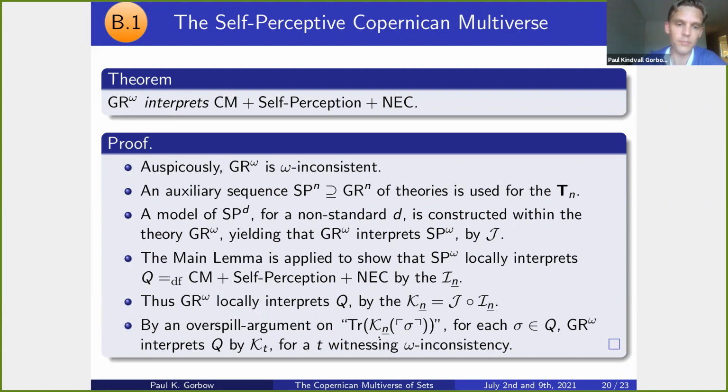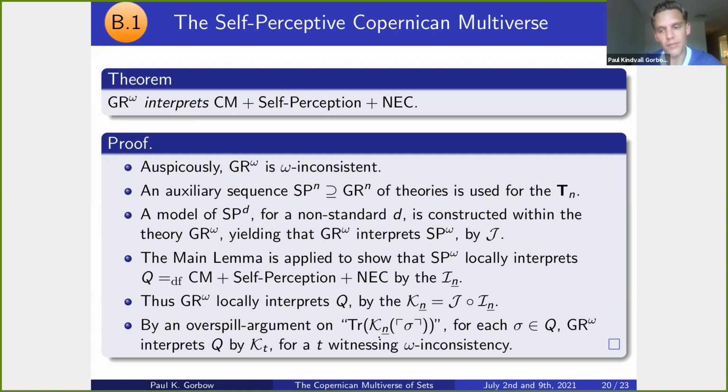So we can actually get hold of a non-standard number t such that we have True of K_t of sigma, and that then gives us a full interpretation of Q.